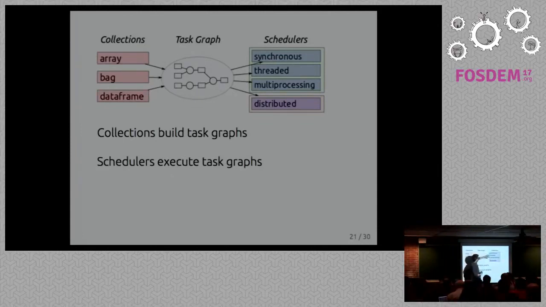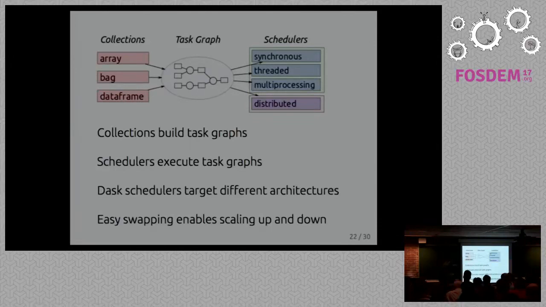The scheduler is then the part that will execute the task graph. There are a few schedulers built into Dask, which you can use just on a single laptop to work in different threads or in different processes. But you also have, in an external library, the distributed library, a distributed scheduler. That's the easy thing.